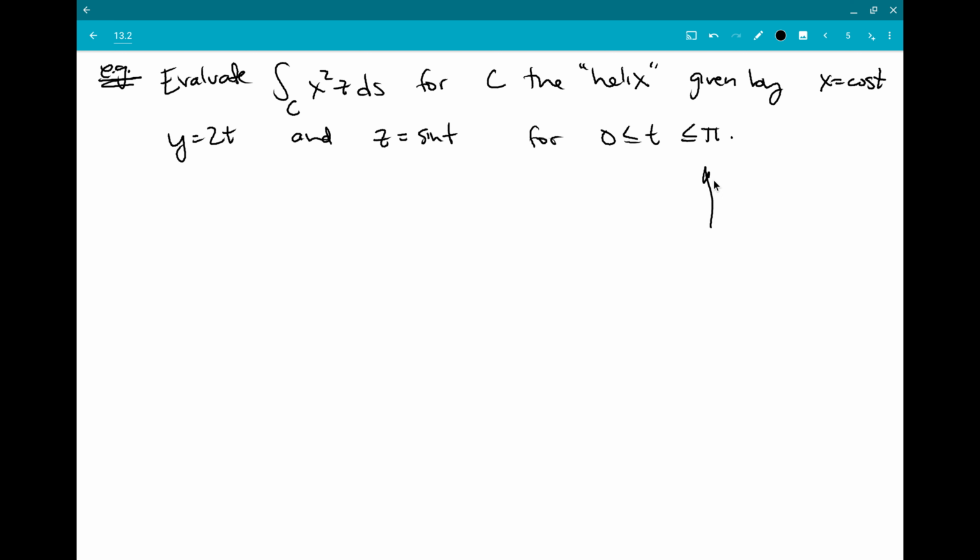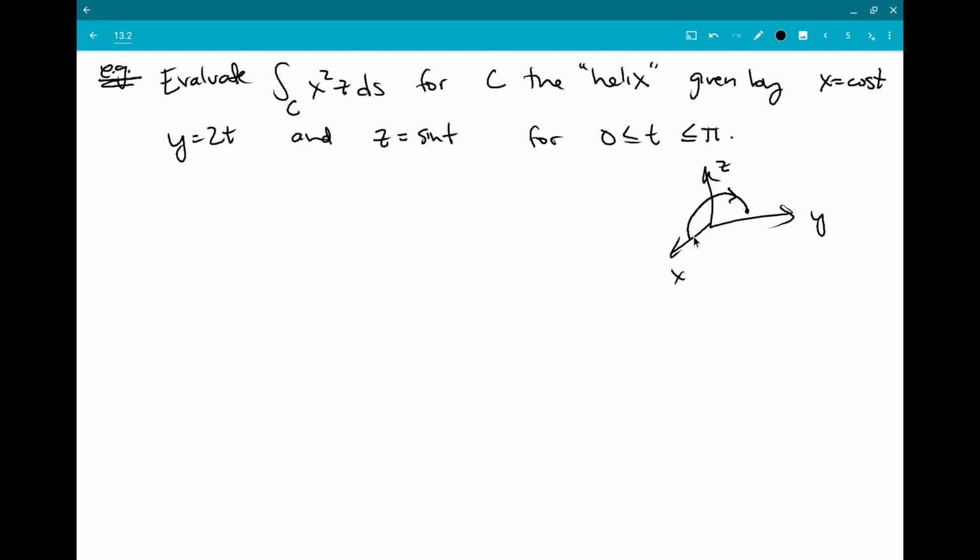And just so that you all know, here's x, y, z. This helix starts at cosine 0, so x starts like this. It's going to be kind of like a spiral, except it actually only goes from 0 to pi, so really it's going to stop here, kind of.